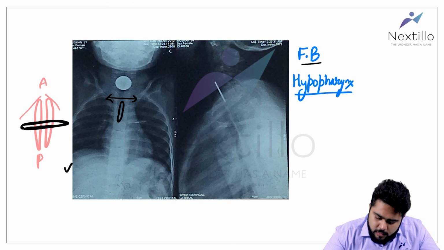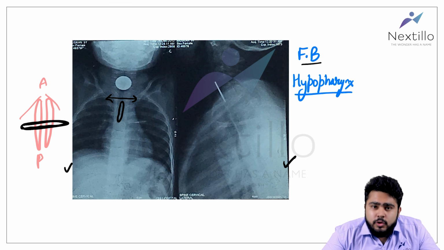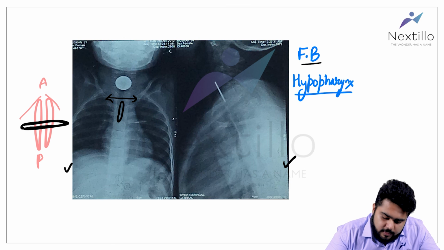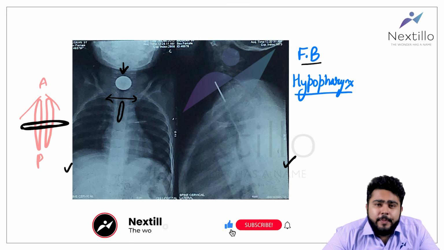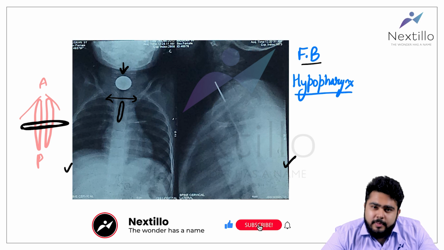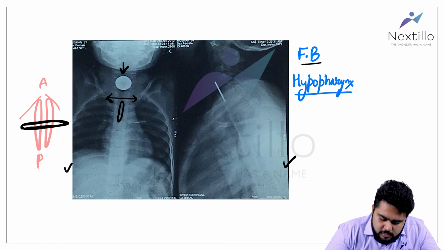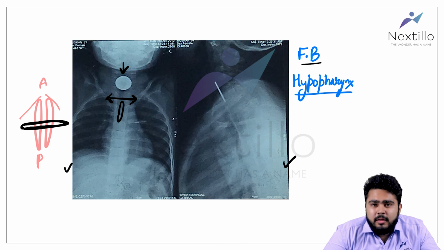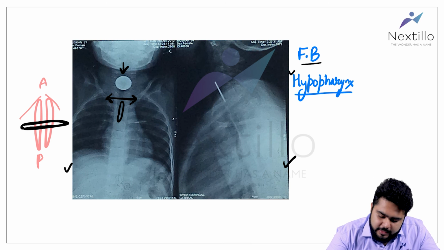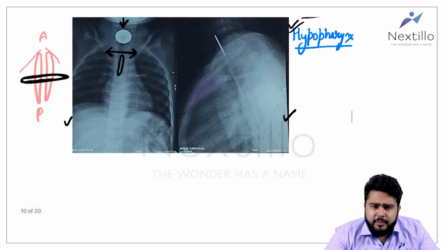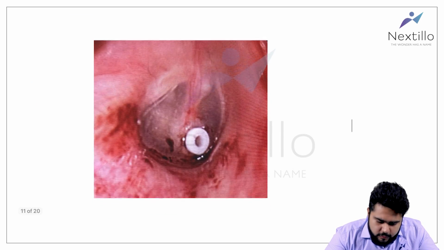Anterior posterior view and lateral view showing a circular, radio opaque foreign body, most probably coin. This foreign body is lodged in transverse plane and should be present at the level of hypopharynx. Clear? Now let's move forward.